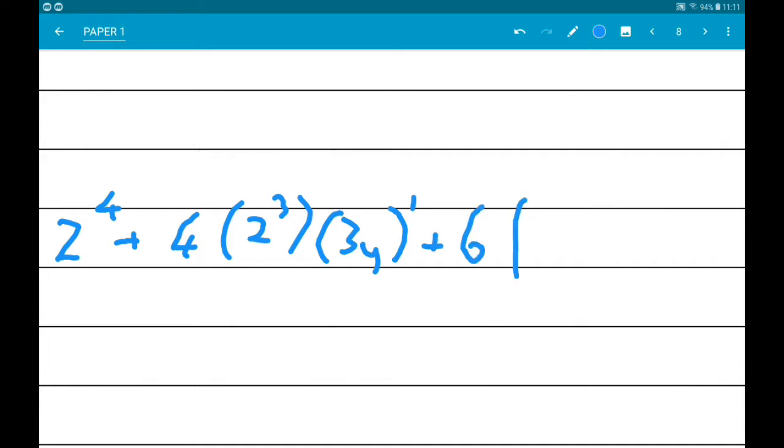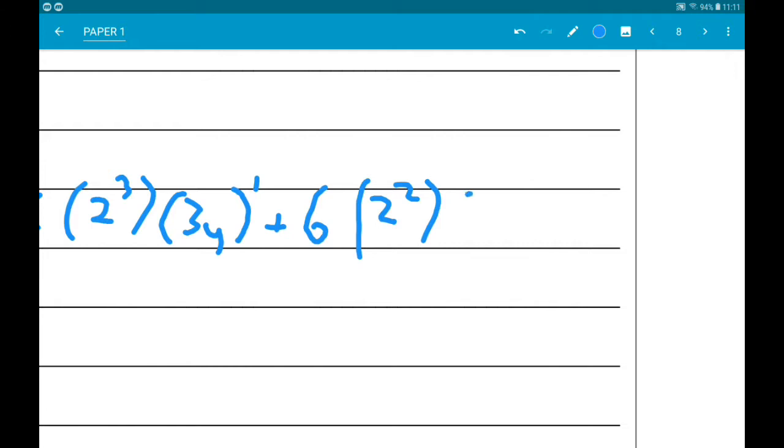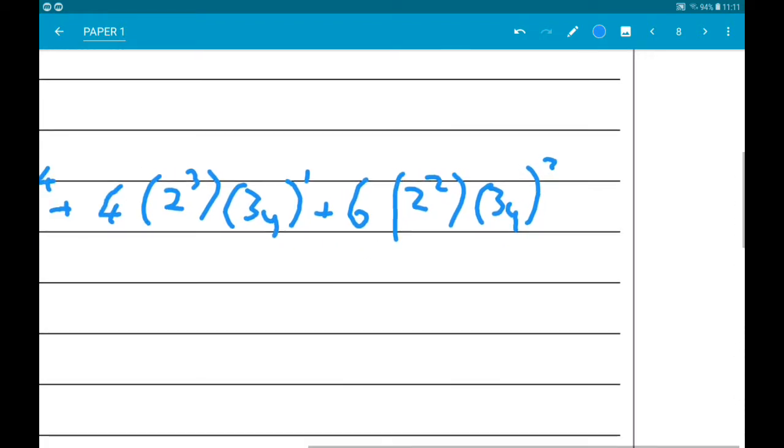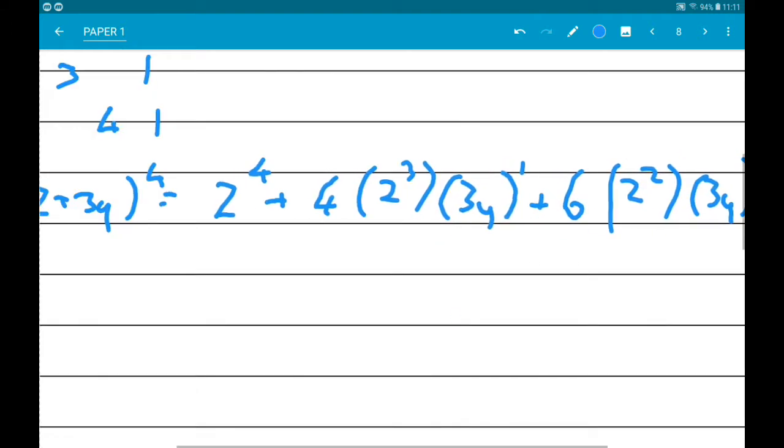Now the power on 2 goes down, so we get 2 squared. The power on 3y goes up, so we get 3y squared. And the next term is then, well, the coefficient is 4.